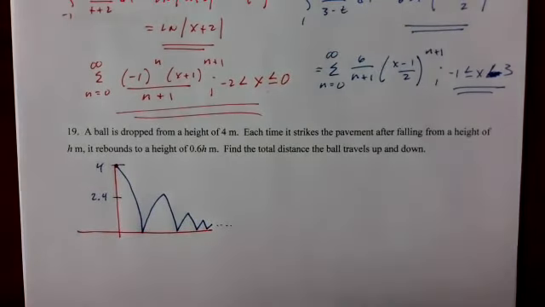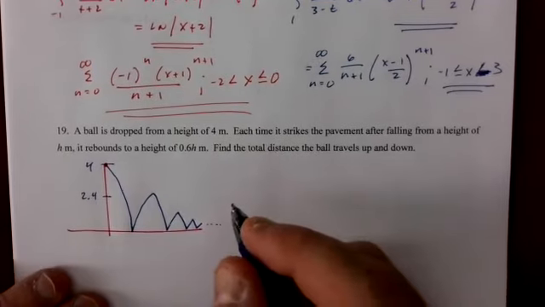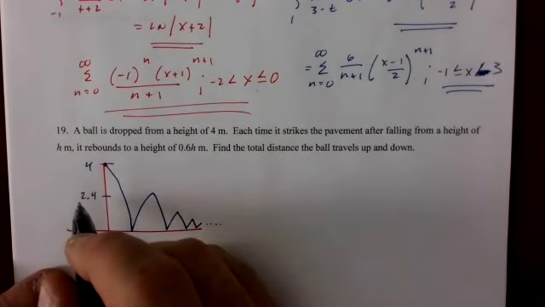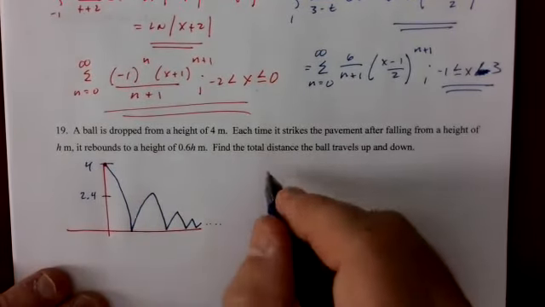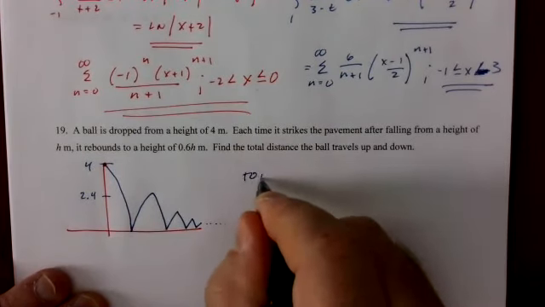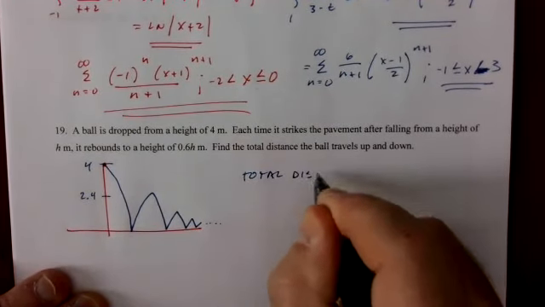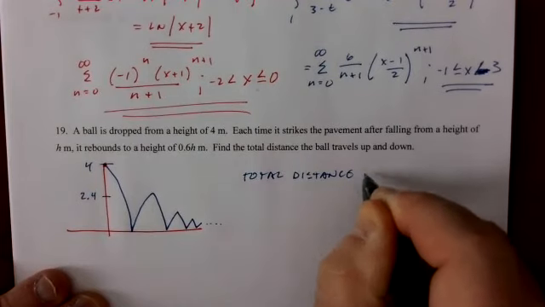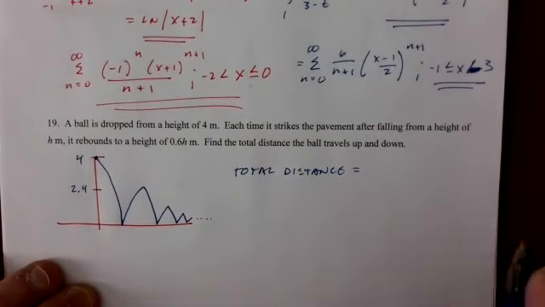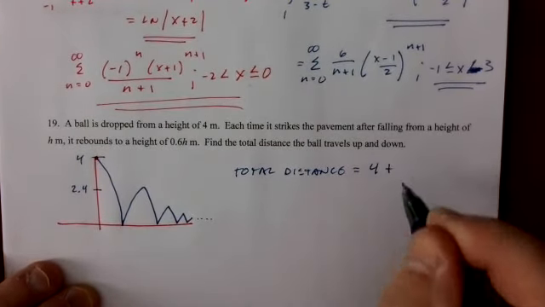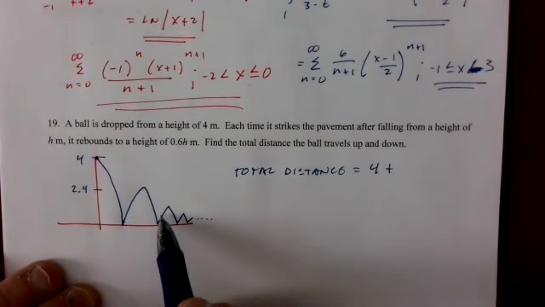Keeps going and going. So the total distance, well, there's a 4 at the beginning, just kind of hanging out. And then it's the infinite series, up and up and up.